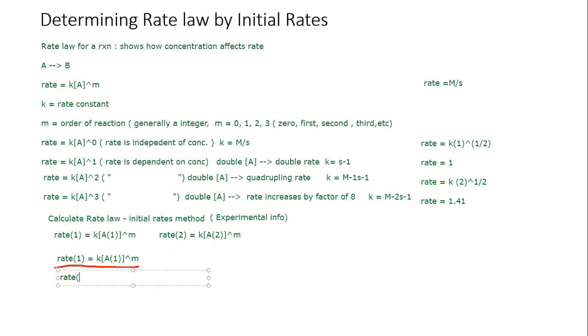Rate 2 equals K A2 to the M. And so now you'll notice here that the K's cancel. And since both A1 and A2 are to the M, we can simplify this.